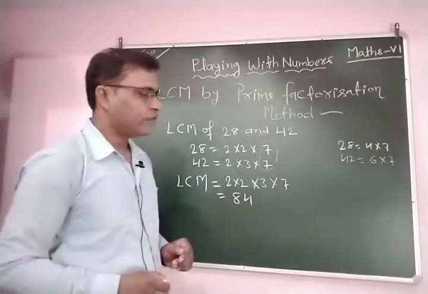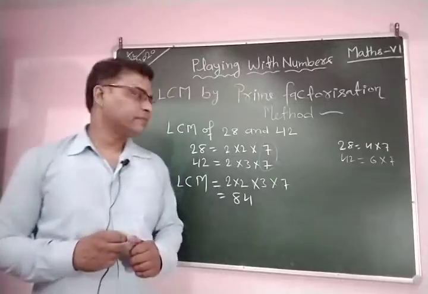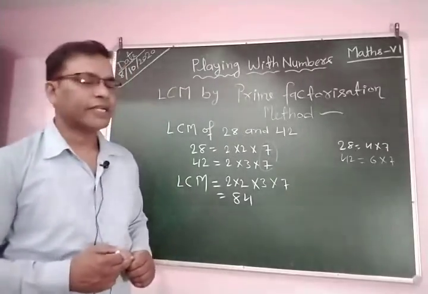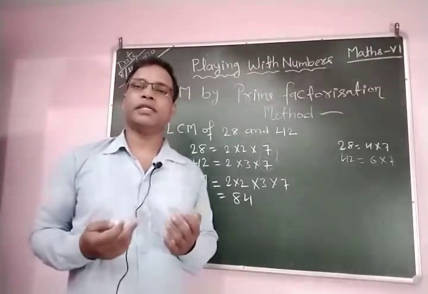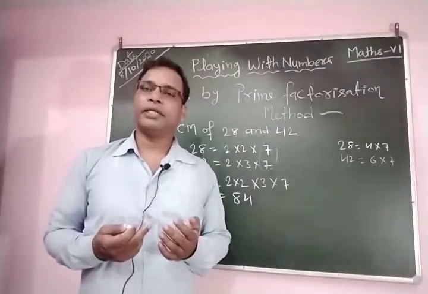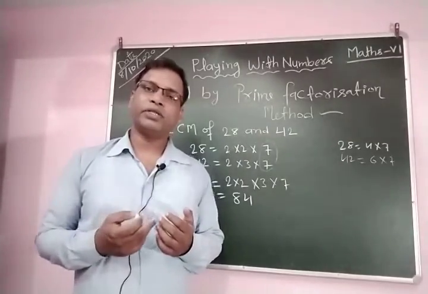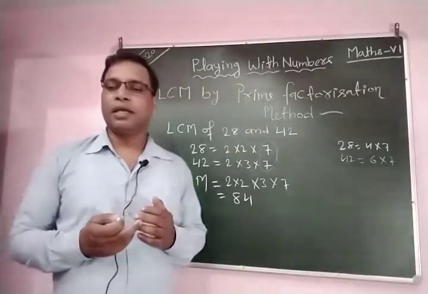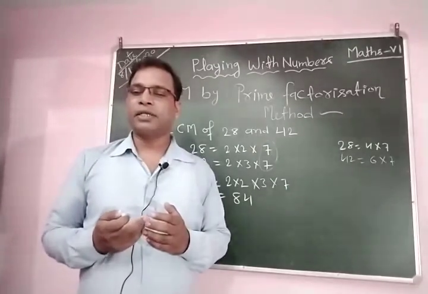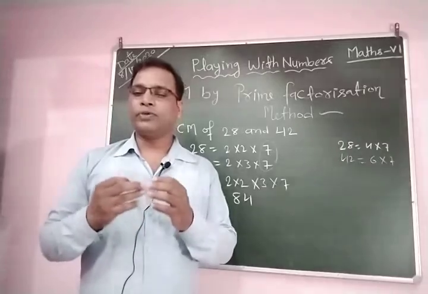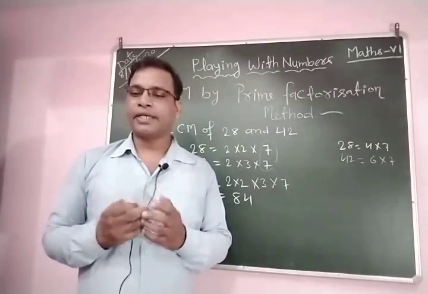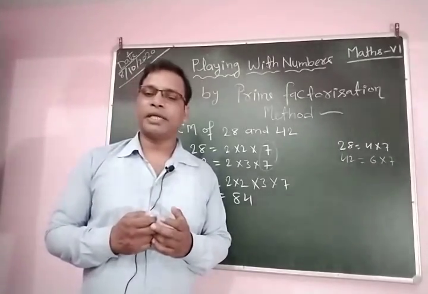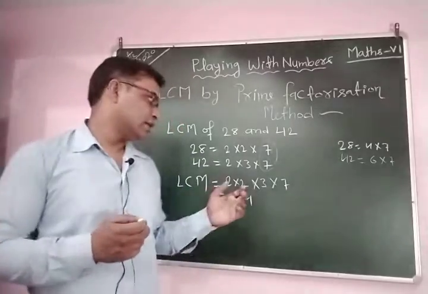I hope all of you understood LCM by the prime factorization method. In this method, first we express the given numbers as a product of prime factors. After this, we take the product of all the different prime factors, each common prime factor taken the greatest number of times it appears in the numbers.